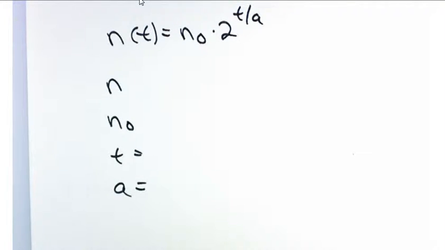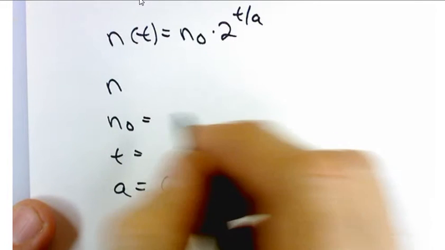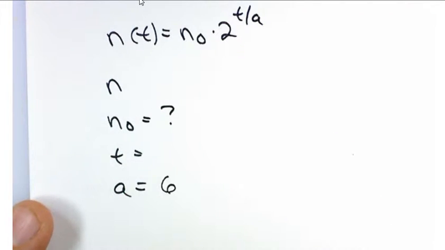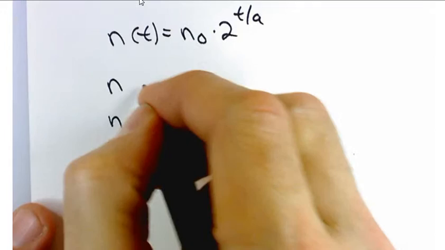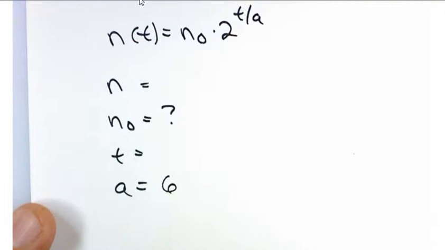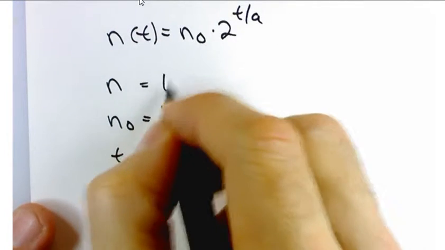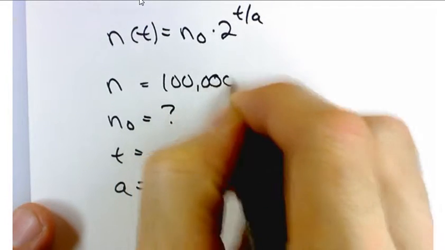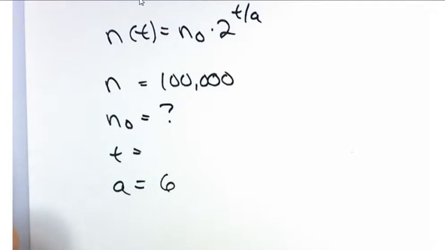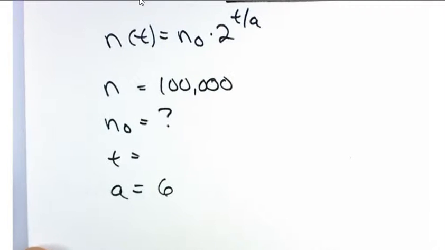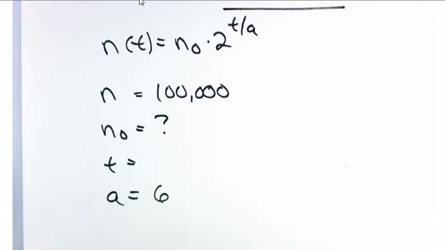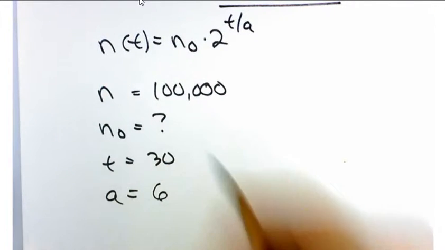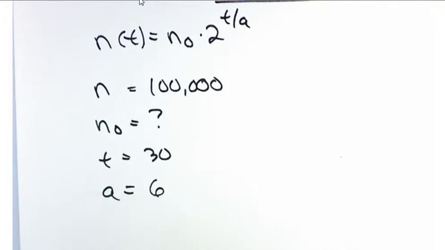Every 6 years. So a is 6. We don't know the initial population, but we know the current population. The current population is 100,000. How long did it take to get to 100,000? 30 years. So the only thing we don't know then is the initial population.